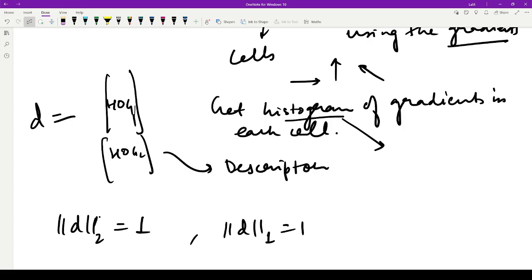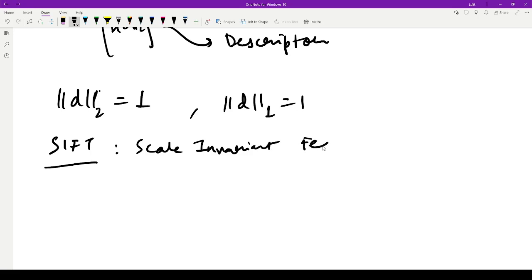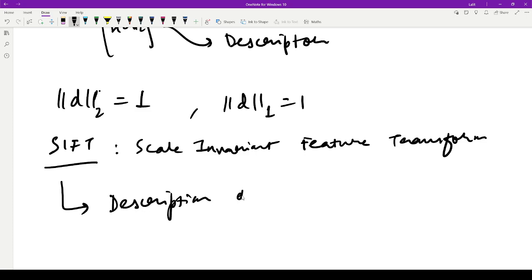And after this, the next descriptor that was done in the class is the SIFT descriptor, which is scale invariant feature transform. So the main idea is to get a description of points, description of interest points rather.